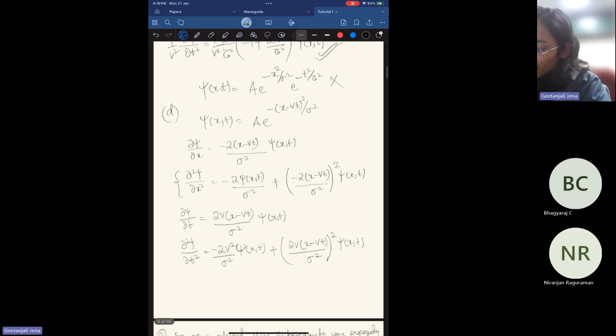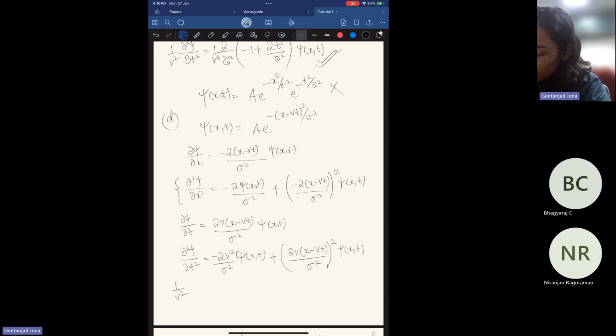Okay, so if you take 1 by v square of dou square psi by dou t square, this v square will cancel out. So what you will get is minus 2 psi of x,t by sigma square plus 2 x minus vt by sigma square whole square psi of x,t.